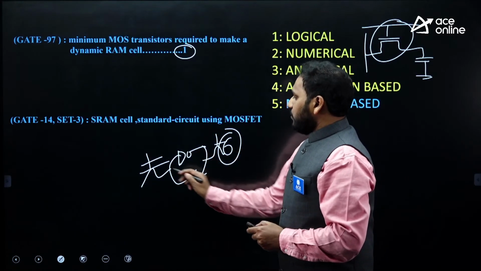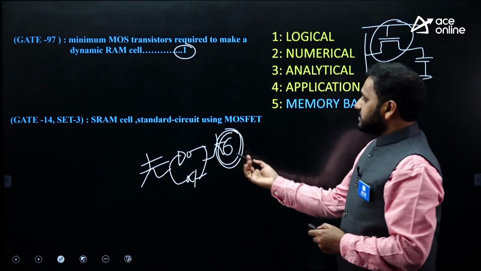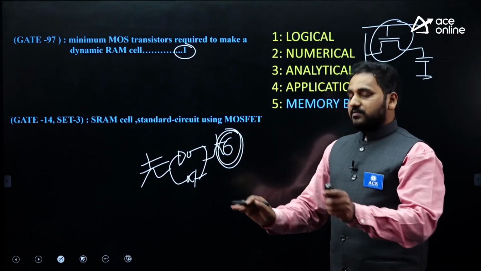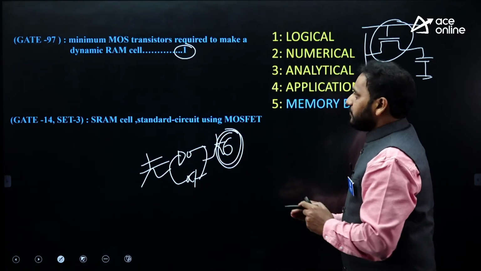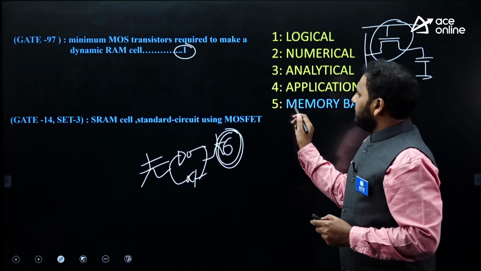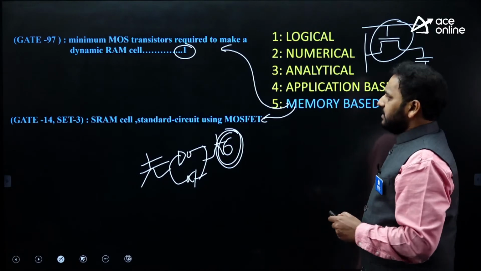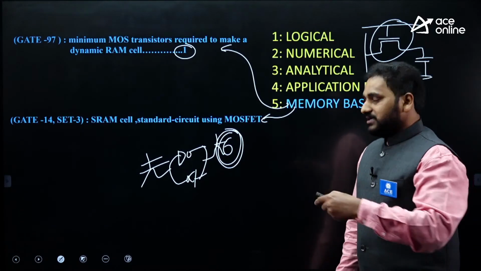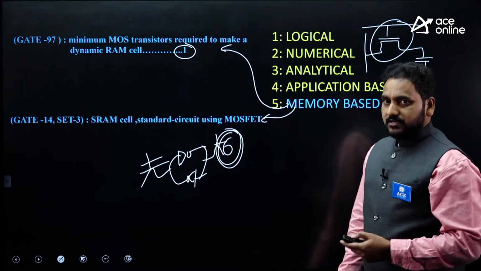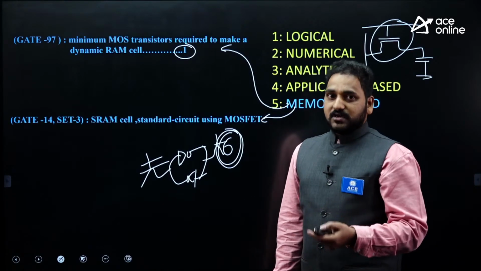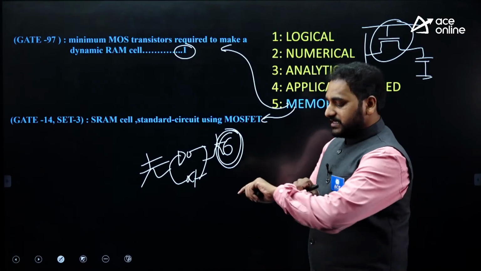Totally 2 plus 2, 4 plus 2, 6 MOSFETs. It is also a standard circuit. Even after 1000 years, the circuit will not change. So this type of question is very rare. These questions belong to memory based. In every subject, there is scope to frame memory based questions, but fewer chances in GATE, more chances in ESE and public sectors, right?